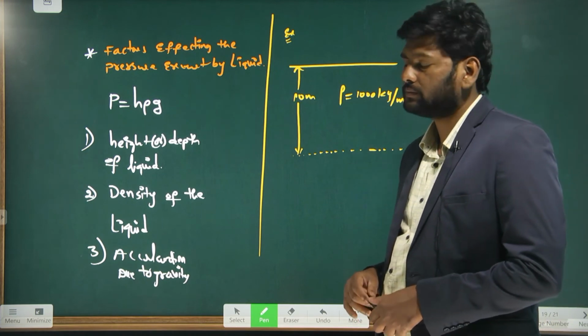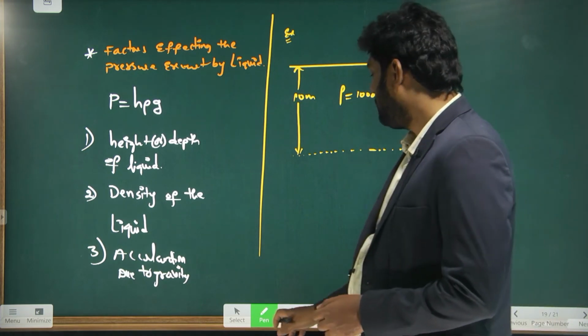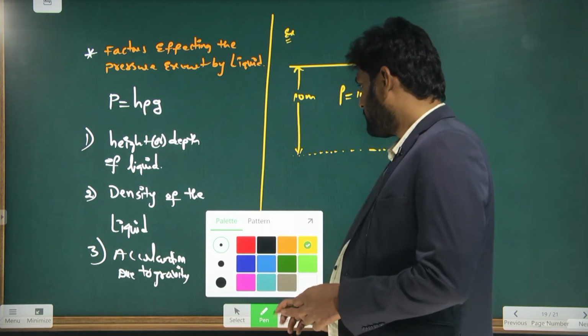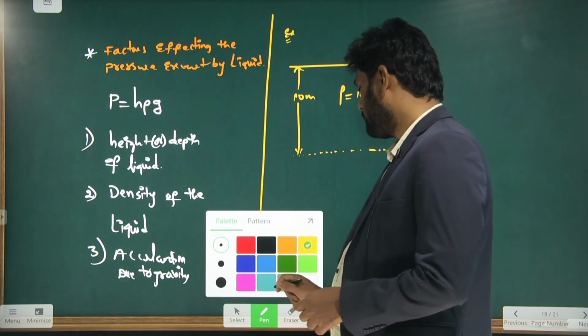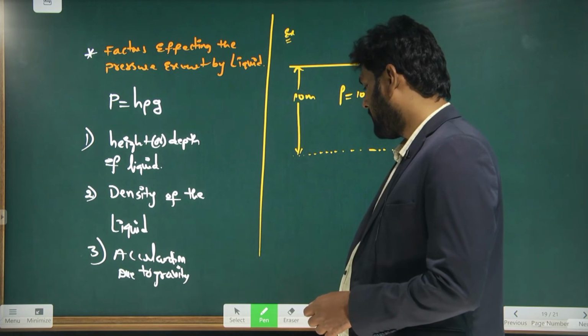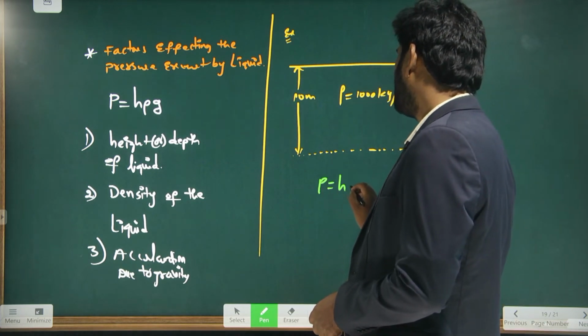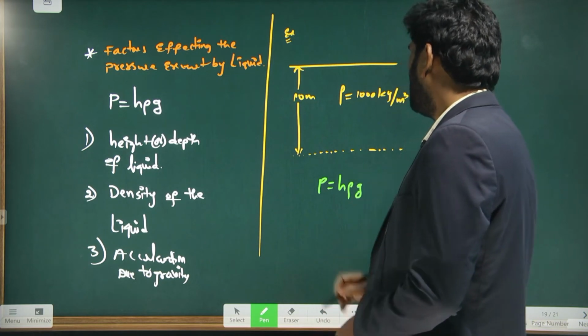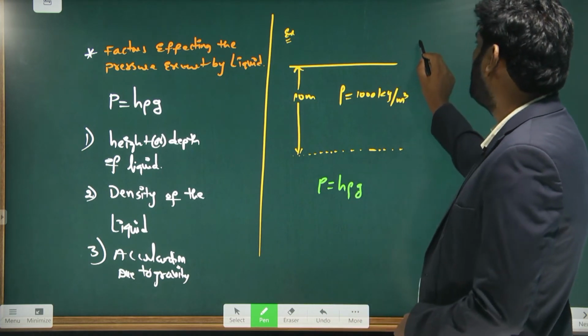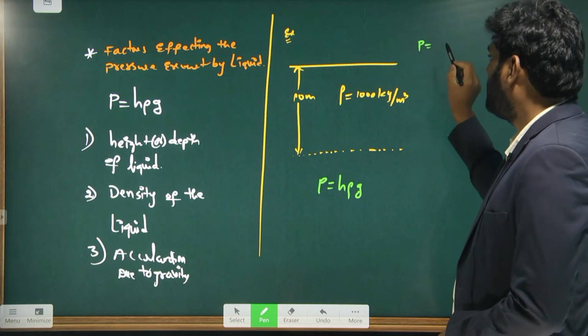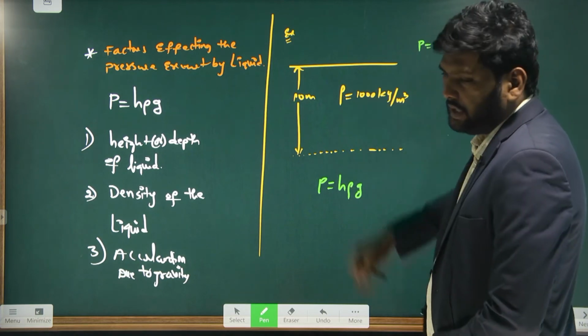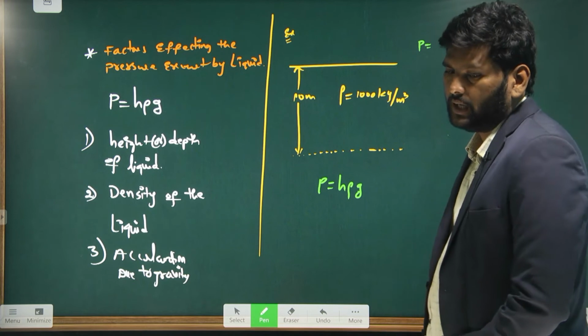Find it. What is the formula we are supposed to use? Which formula is helping you to do this problem? Pressure is equal to H rho G. Pressure exerted by the liquid is equal to height or depth of the liquid column.